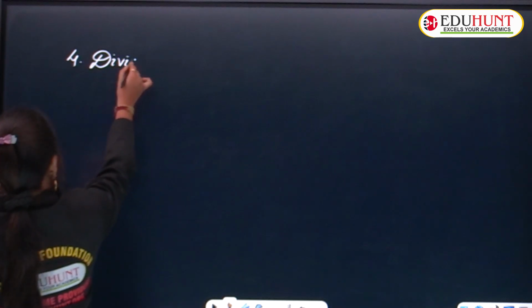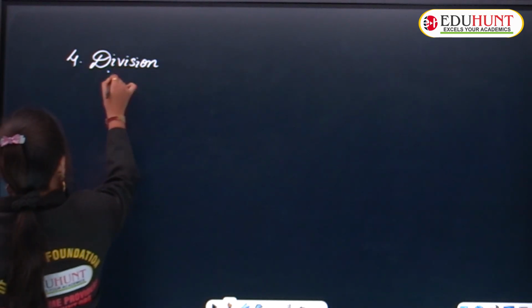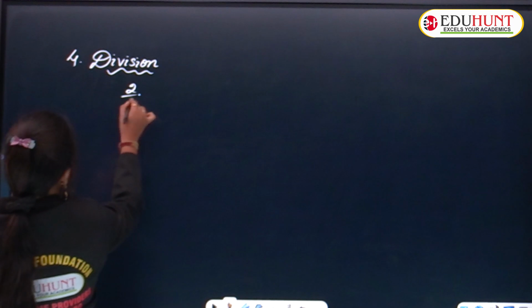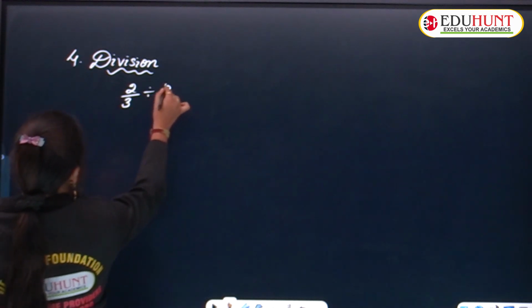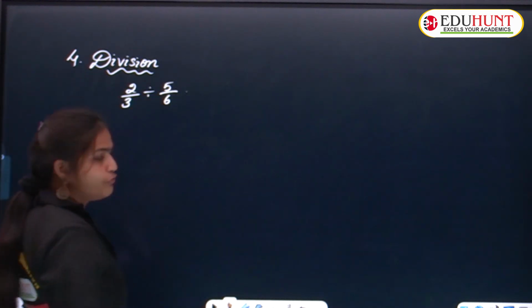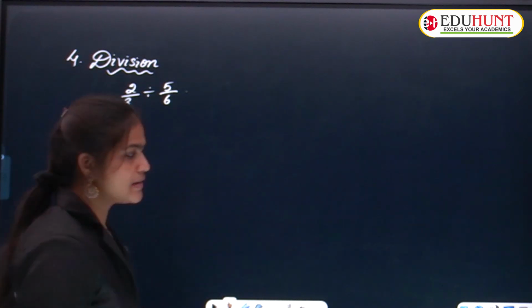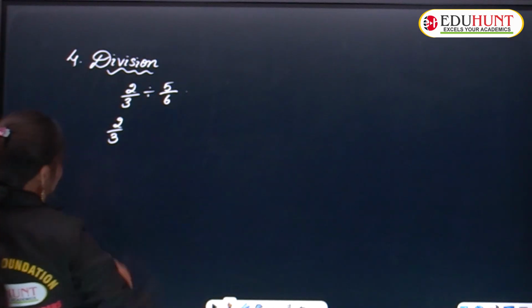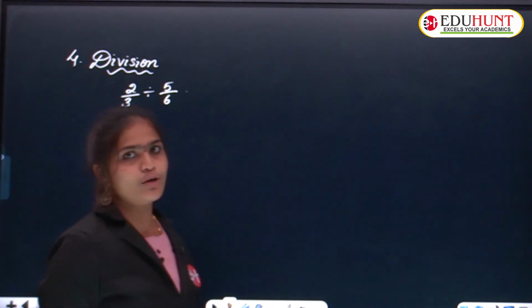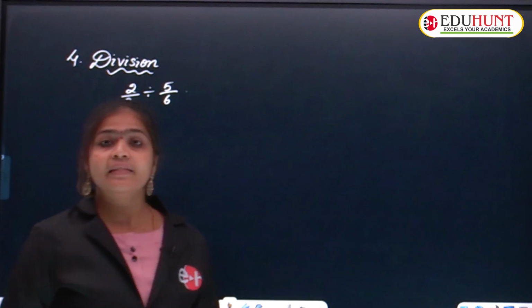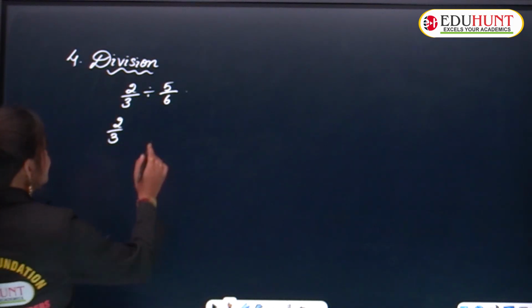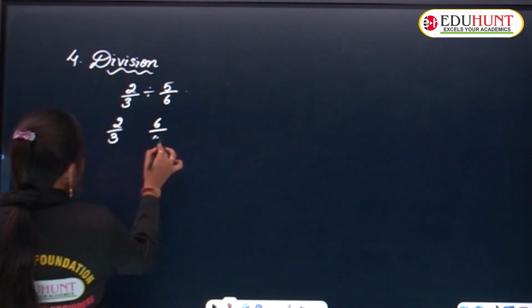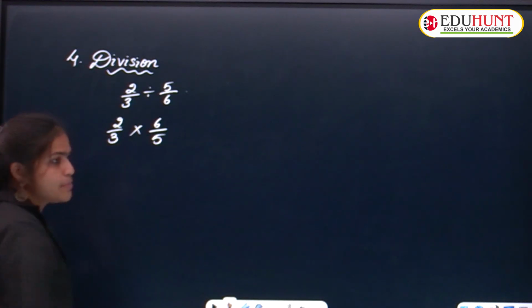What is the fourth fundamental operation, ma? Division. Division of two positive rational numbers. Then what will happen here? 2 by 3, and the second number, the denominator, is also a fraction. Then the fraction becomes reciprocal and division becomes multiplication.